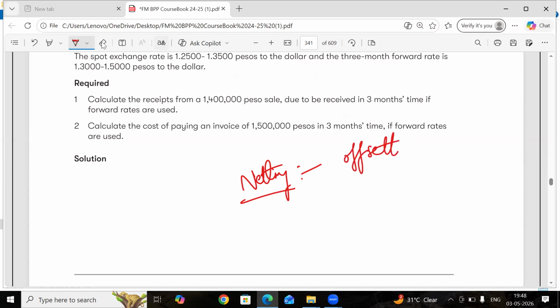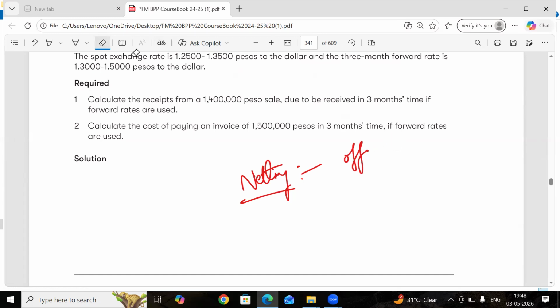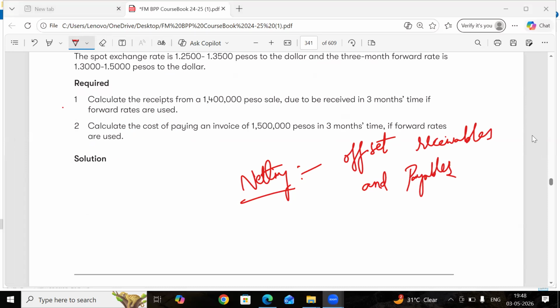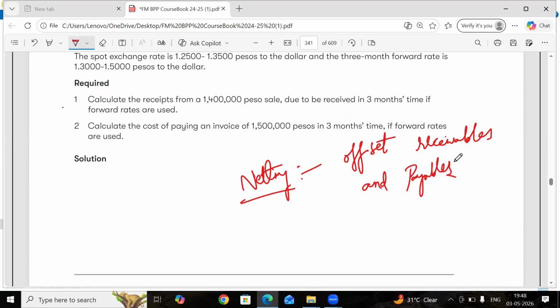Offset receivables and payables within the company.